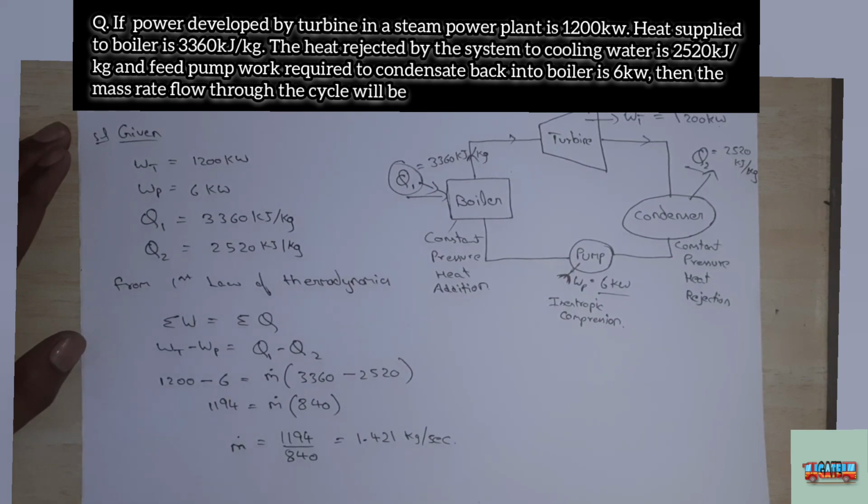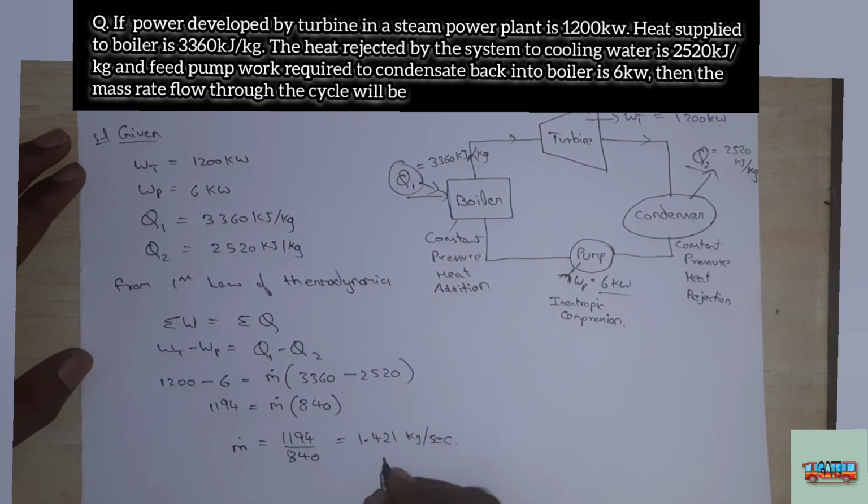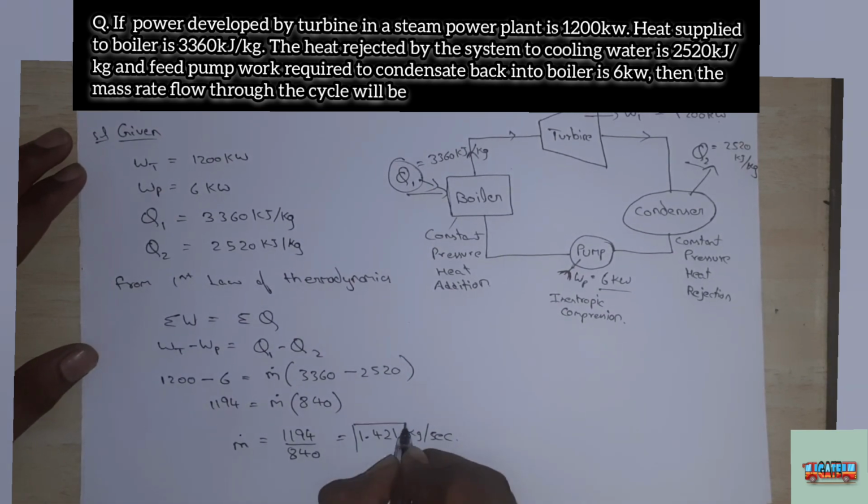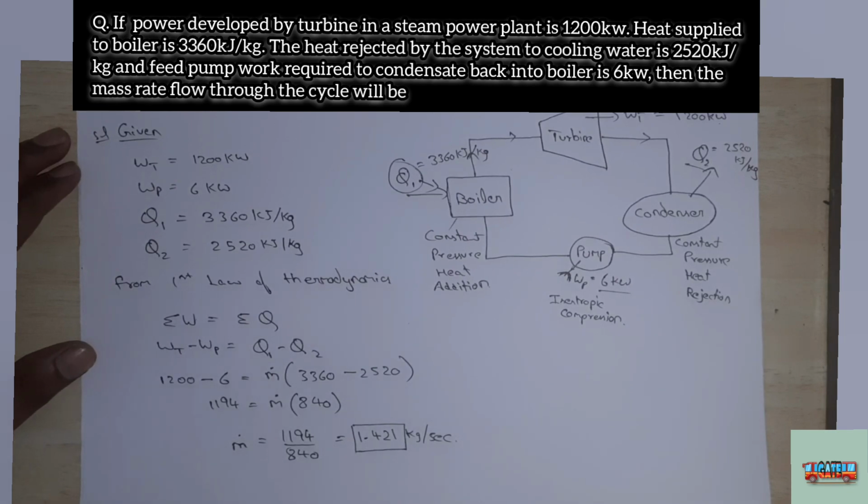So the mass flow rate through the cycle is 1.421 kilojoule per second.